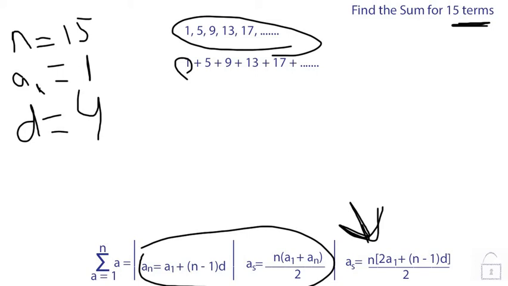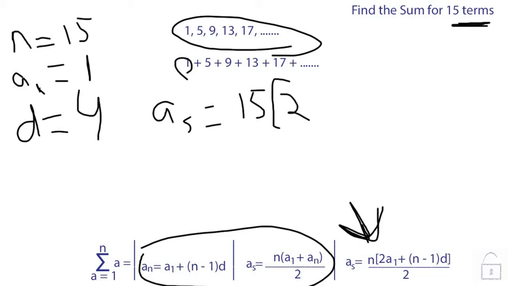Alright, so now we got everything we need to plug into our equation. So let's do some plugging and chugging. And we get a sub s is equal to n, so 15, times the quantity of 2 times a sub 1, which is 1.